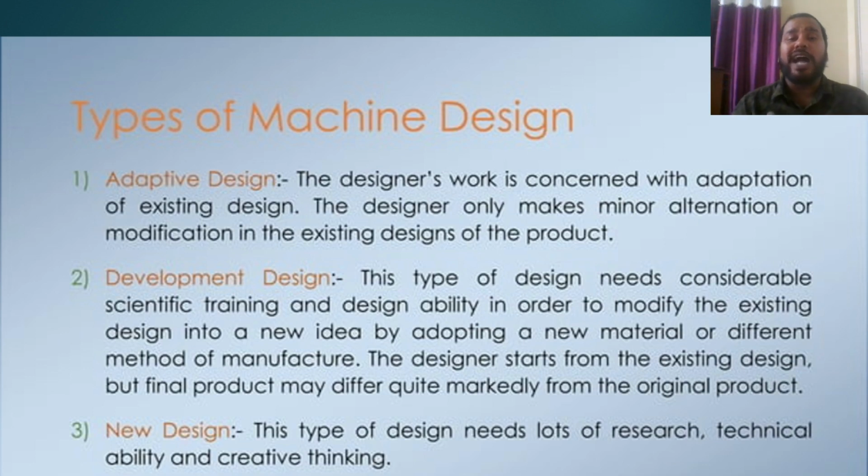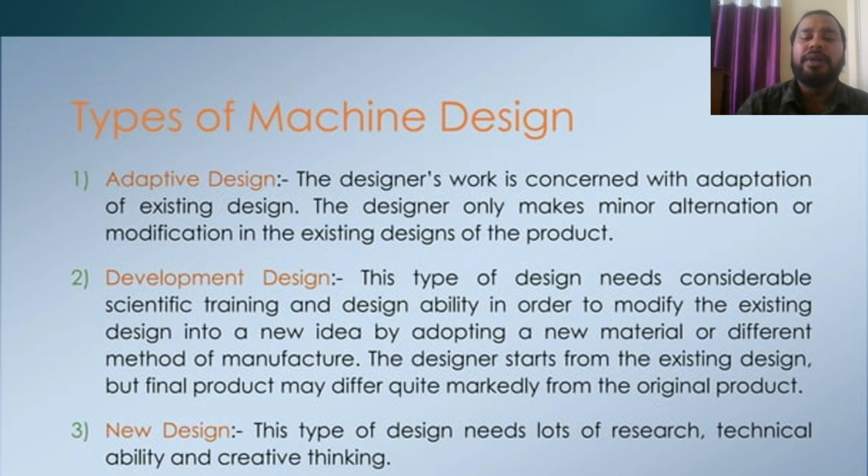So this is the advanced stage of adaptive design. In adaptive design, the final product is quite similar to the previous product, but in development design we will use some new material, new techniques, new methods, new formulas, and the final product is widely different from the previous existing product. Okay. So this is the development design.